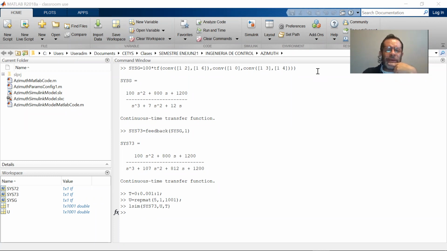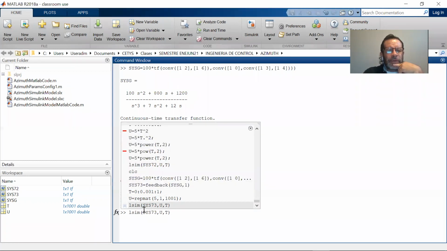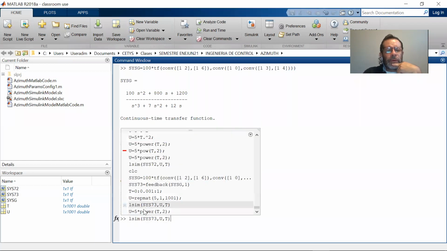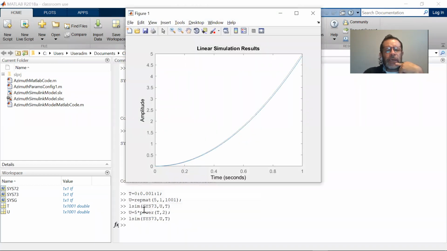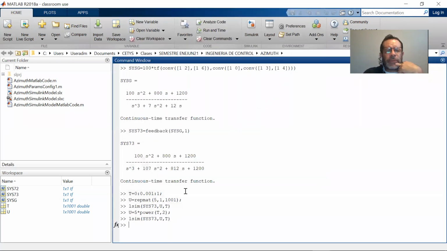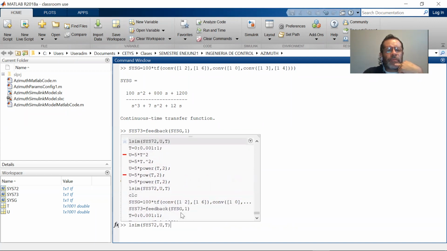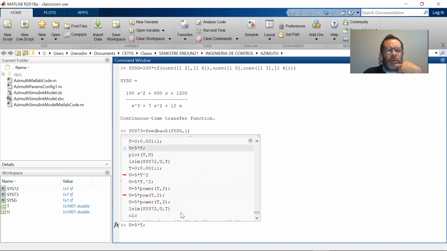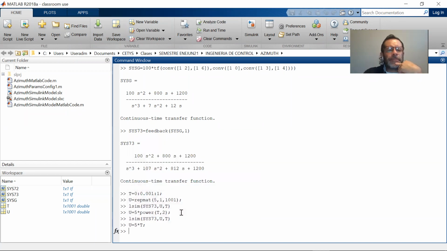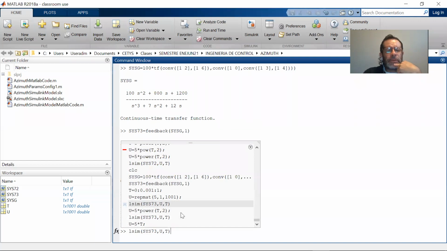Now let's see how the system behaves to a ramp input. And so again, we've already defined T, so now we just need to define U. Oh, I'm sorry, that was the parabola. We define U as 5 times T. Now we do the sim.